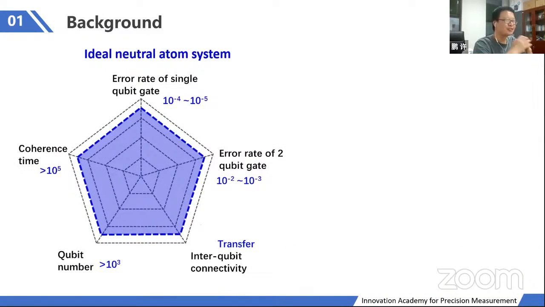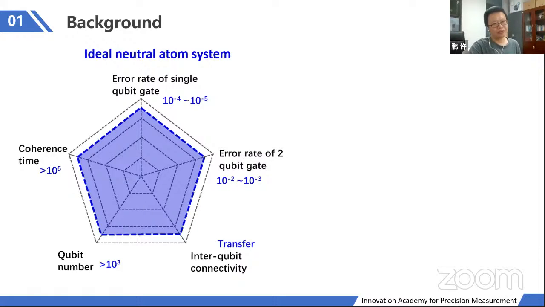Okay, then I should turn to the neutral atom system. For our neutral atom system, ideally, it should be a very good platform. The reason is that the qubit for neutral atoms is encoded like in the trapped ion system.